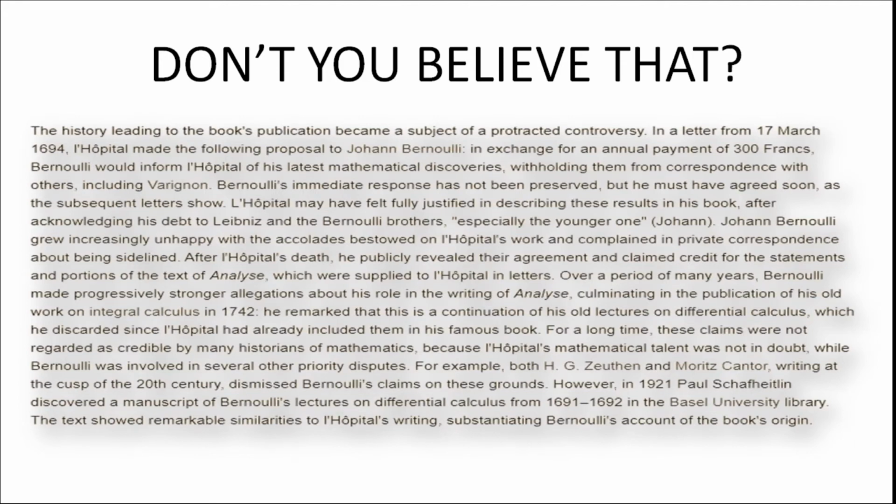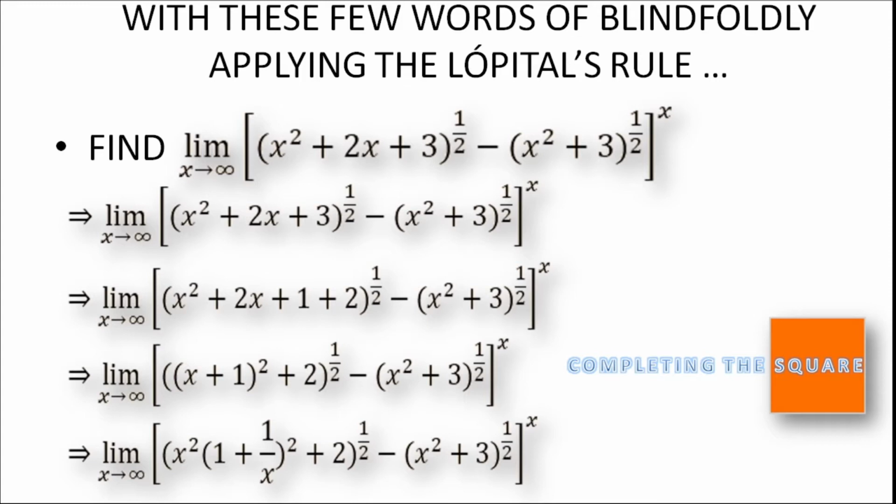If you don't believe it, you can have a look at the Wikipedia page describing this thing. It's a bit clear. So with these few words about blindly applying the L'Hopital's rule, let us proceed to find the limit of our first problem.